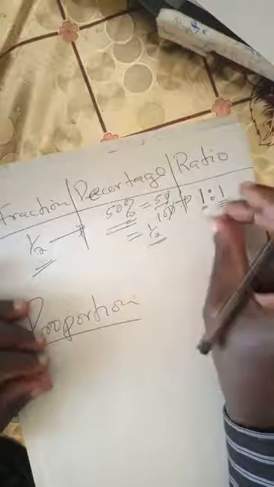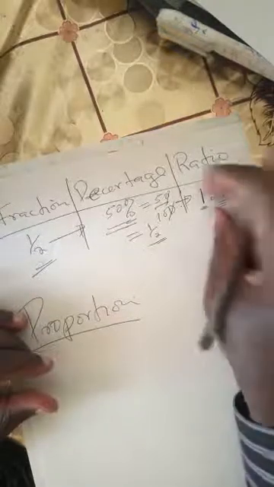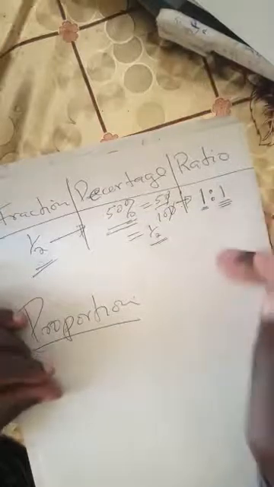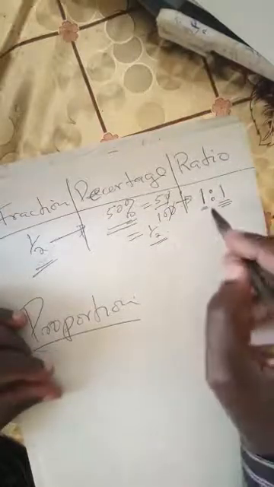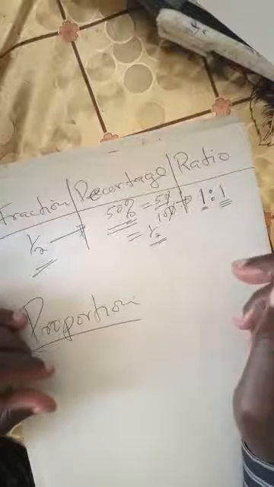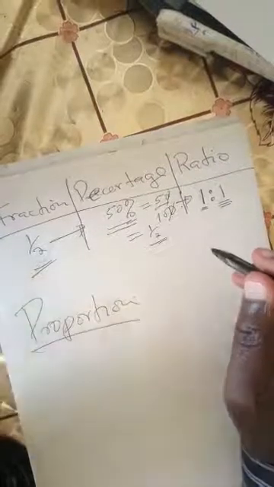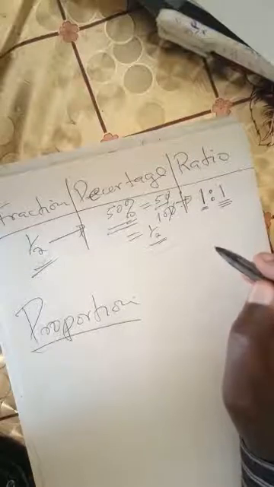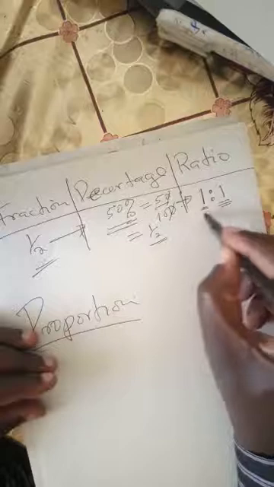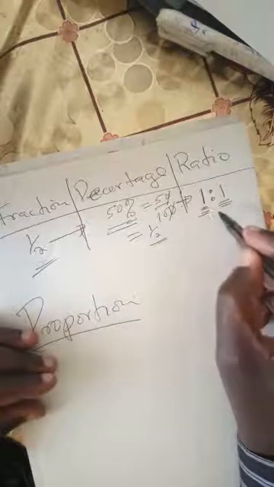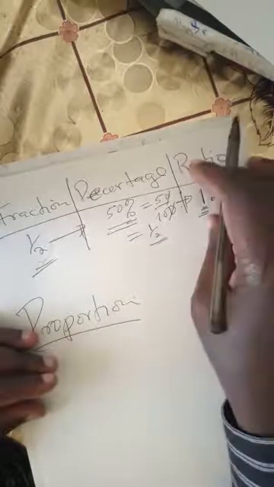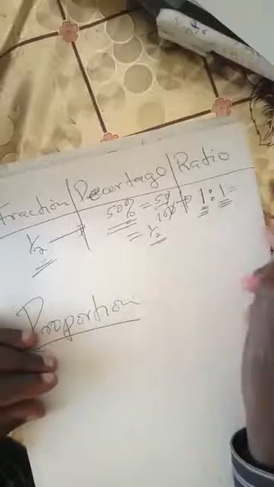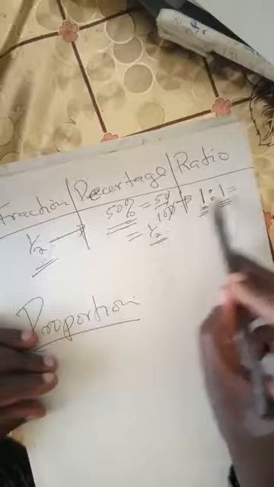So it's 1 to 1, because you'll always find that if you've divided one orange between two people in the ratio 1 to 1, then each one will go away with a half of the whole, because you need to add the total parts.